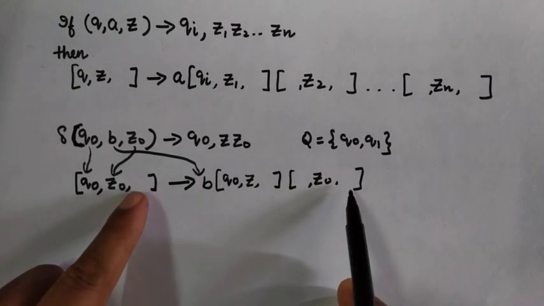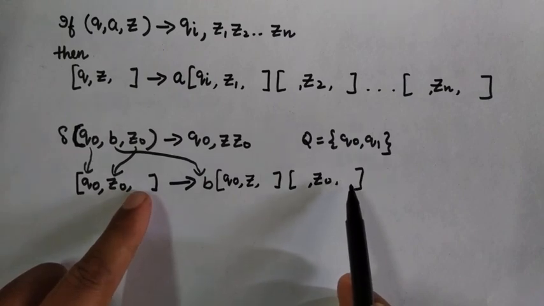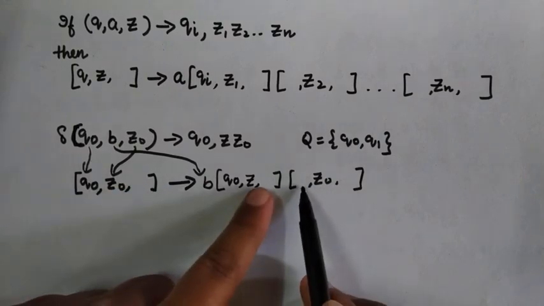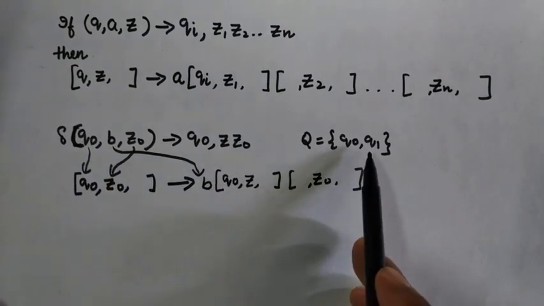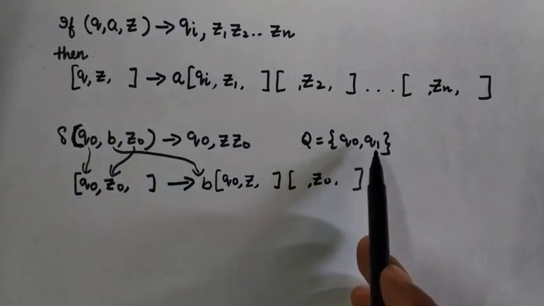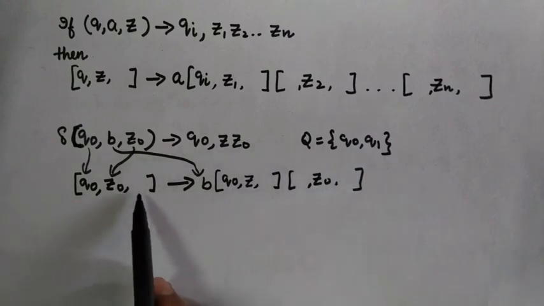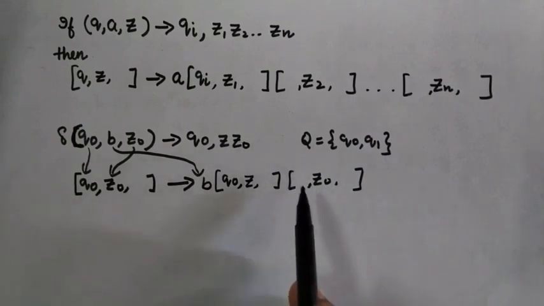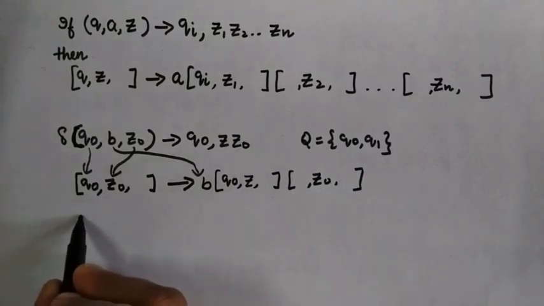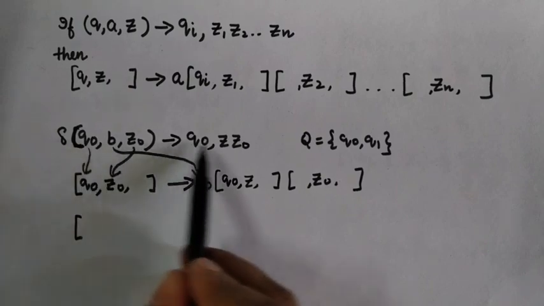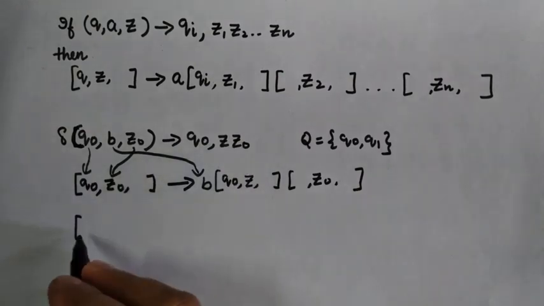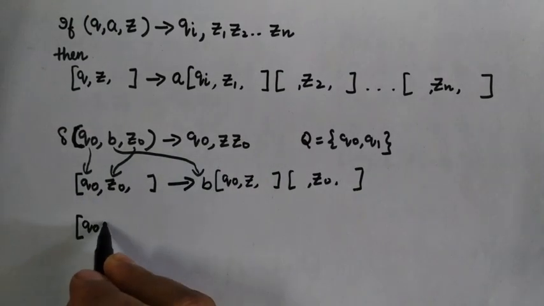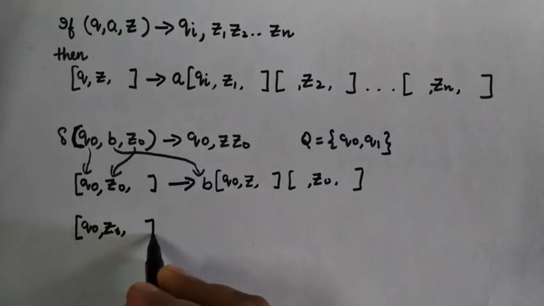That means these two states will be the same here, and these two will also be the same. So we will make all the combinations of Q0 and Q1, making these states the same. So the production rules corresponding to this transition rule will be Q0 Z0.